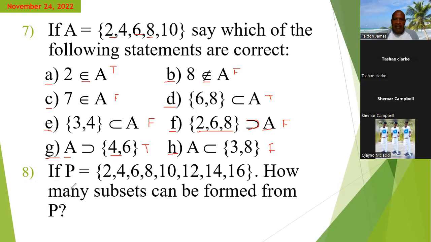So question 8 here says, P is the set {2, 4, 6, 8, 10, 12, 14, 16}. How many subsets can be formed from P? You don't have to give me the actual number, just give me the formula on how you would calculate it.